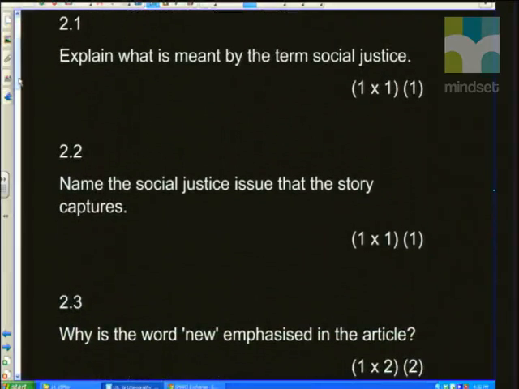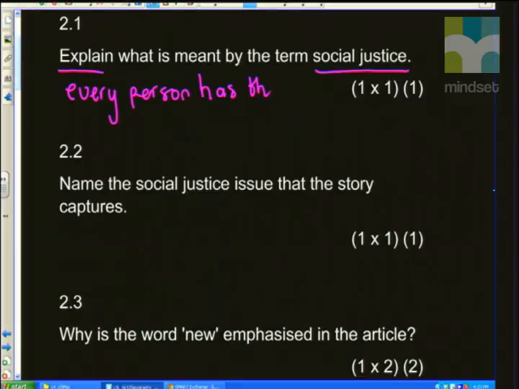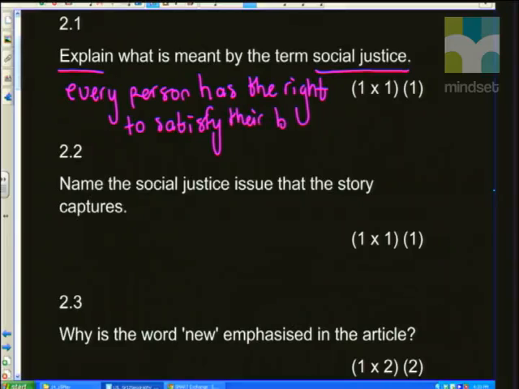First of all, that first term, explain what is meant by social justice. As we mentioned before, it means that every individual, or every person, has the right to satisfy their basic needs. And those are things like sanitation, access to electricity.